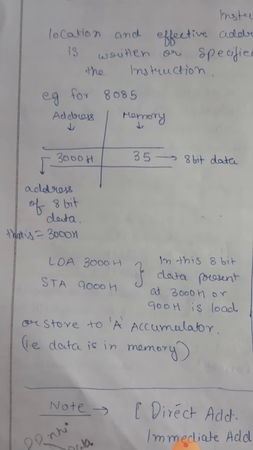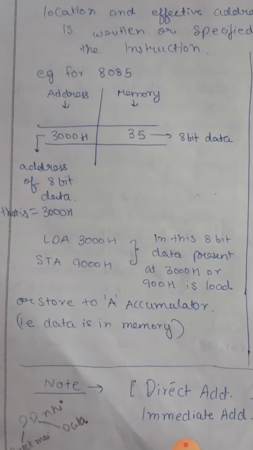To avoid confusion, remember that in direct addressing we always specify the address, not the data, and that address contains the data.